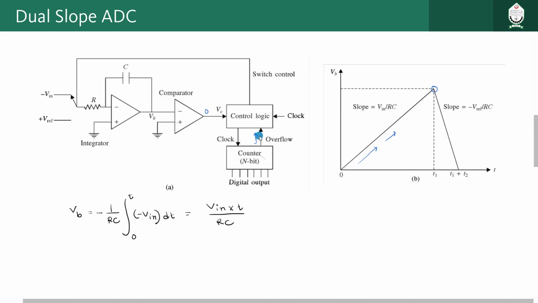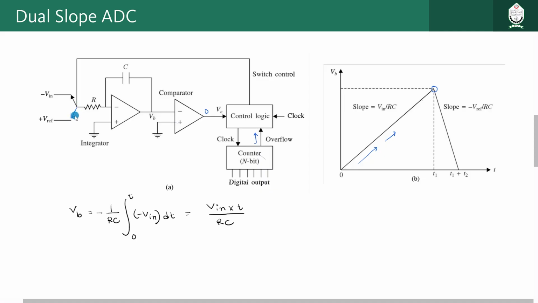Because this signal is going to control logic, it will understand that now I have to do something based on this situation, and that is: this switch control will send a signal so that the switch position is changed to here.